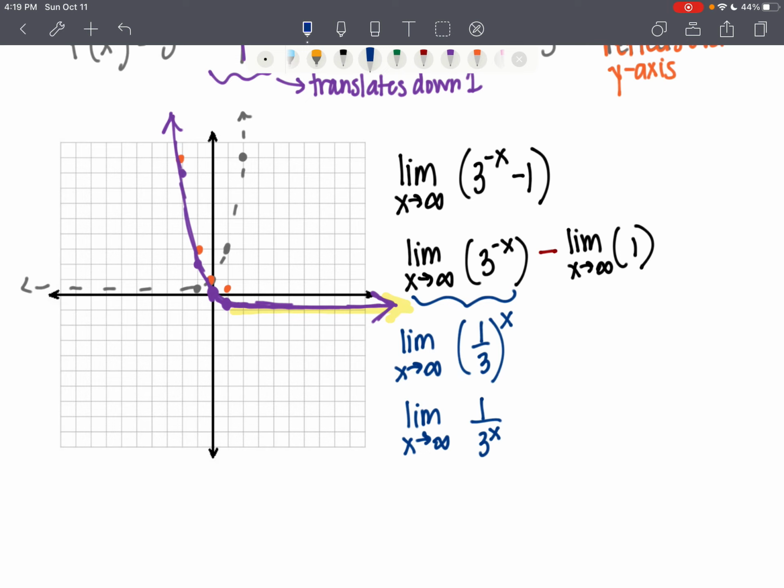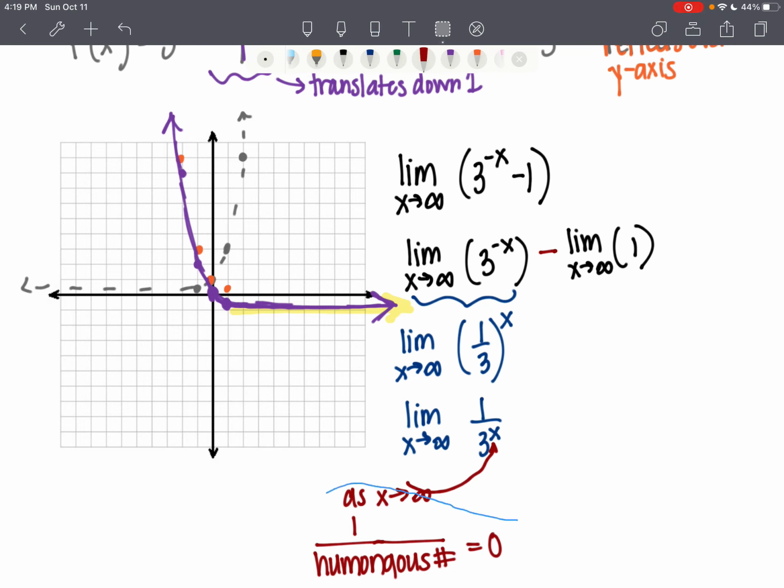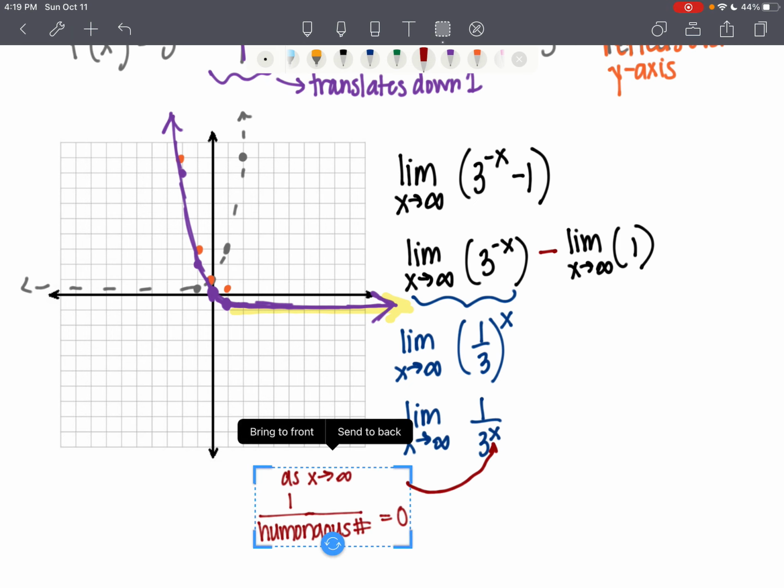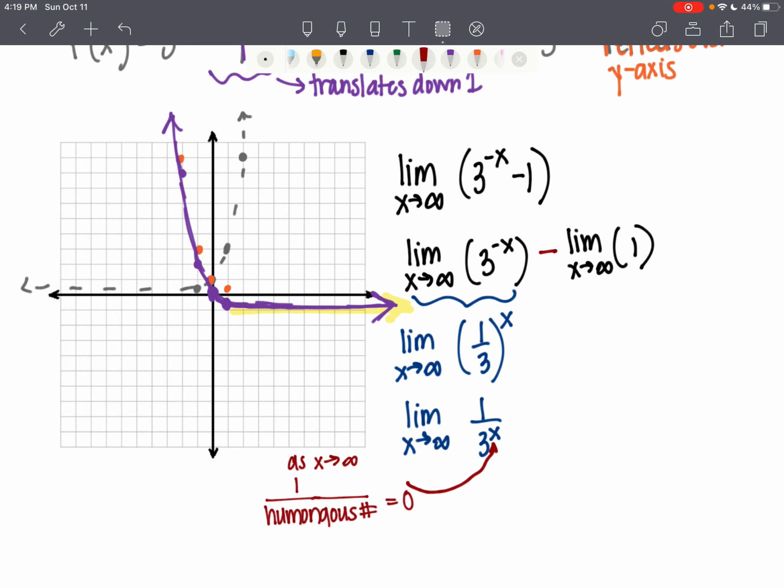As x approaches infinity, 1 over a humongous number is going to equal 0. So this limit right here is going to be 0. I'm going to move it out of the way. Let's resize it. There we go. So this value right here becomes 0.